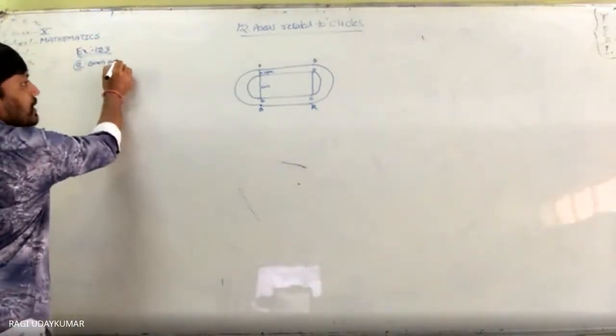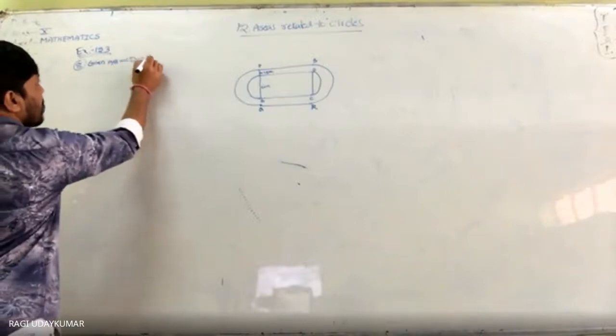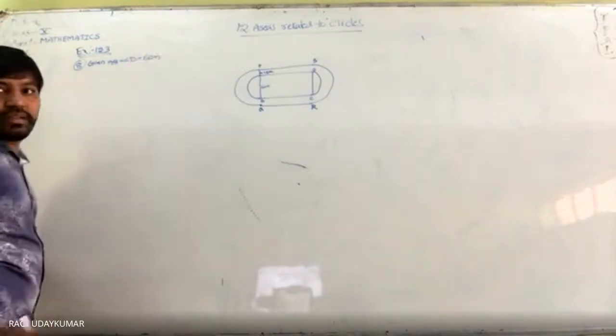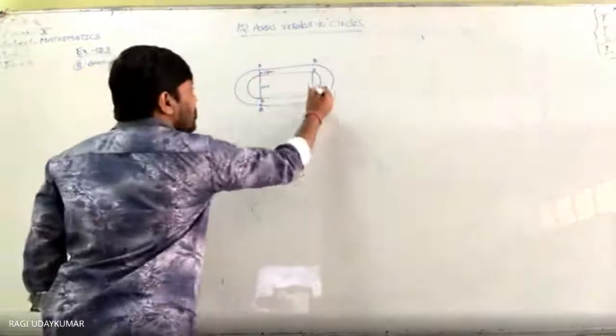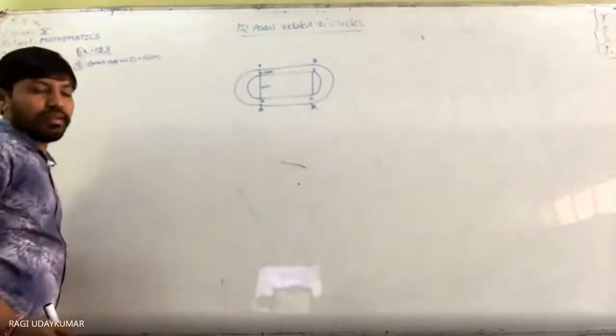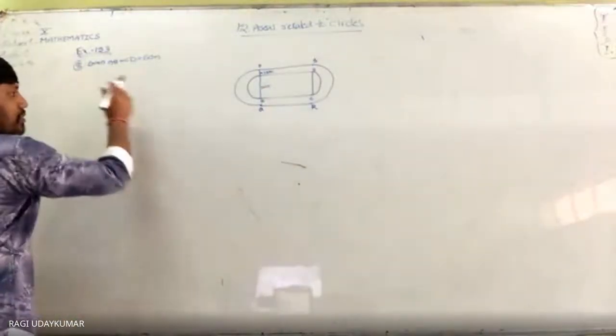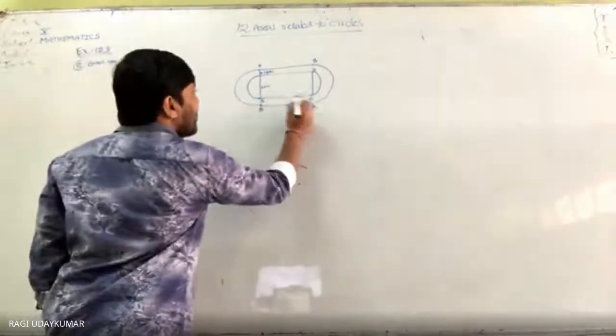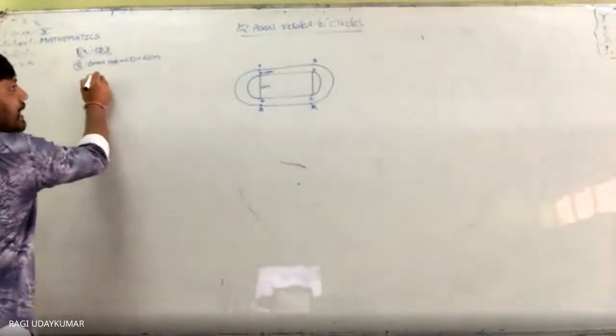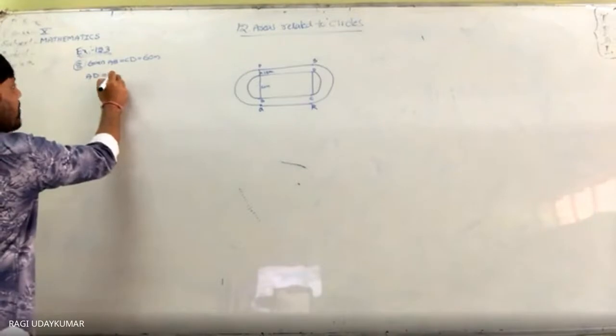Given AB equals CD equals 60 meters, the distance between the parallel lines. And the length of the track, meaning the length of these parallel lines, so AD equals BC.